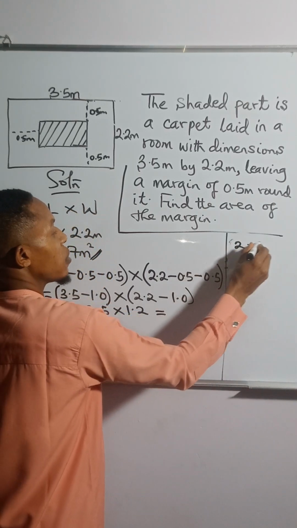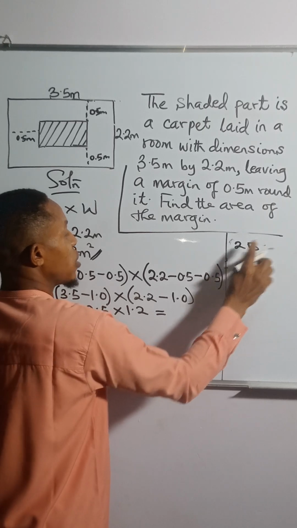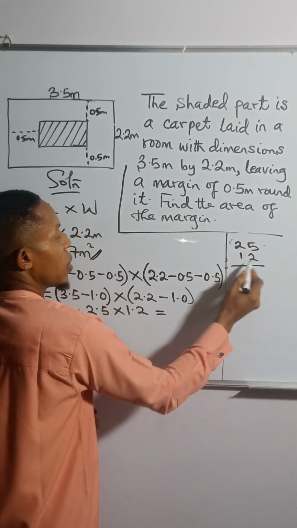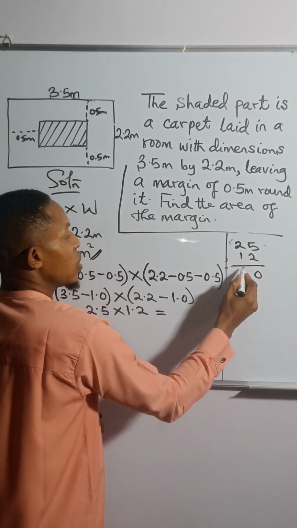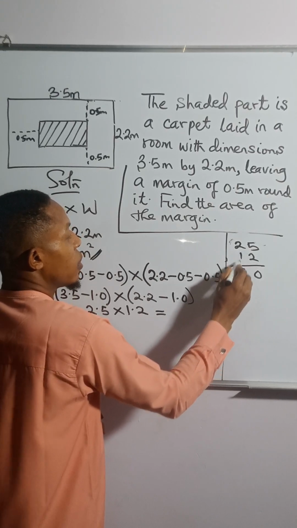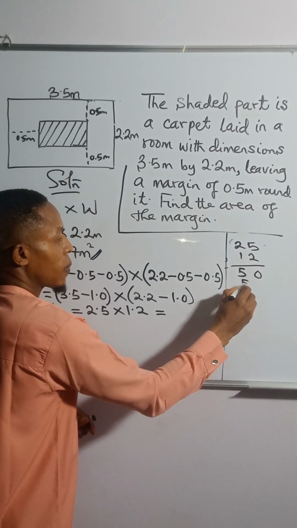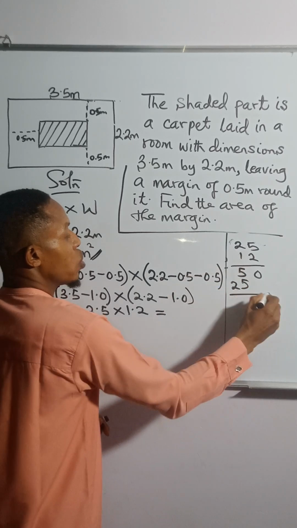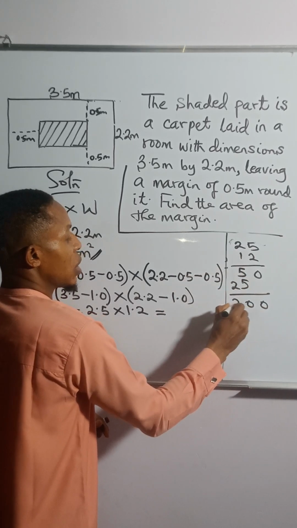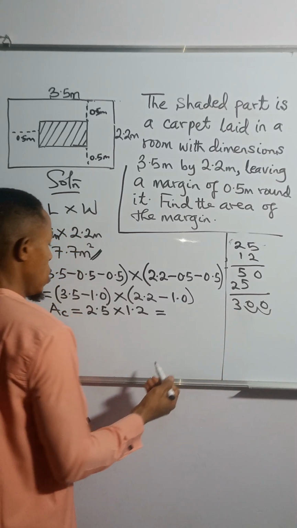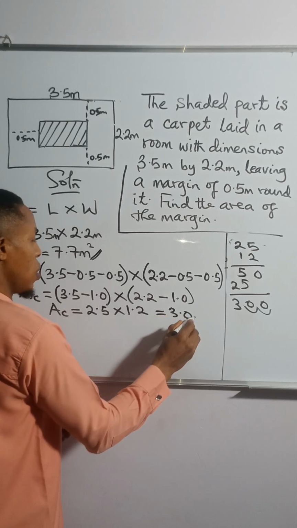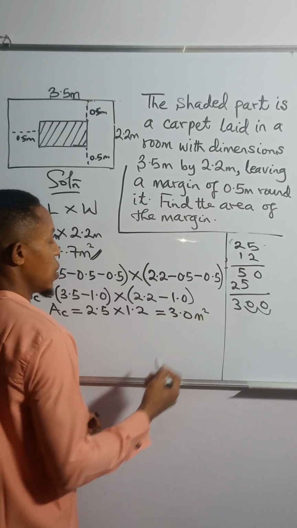We have 25 multiplied 12. 2 times 5 is 10, write 0, carry 1. 2 times 2 is 4 plus 1 is 5. 1 times 5 is 5. 1 times 2 is 2. So we have 300. Put the decimal points back in two places, we have 3.0 meters squared.